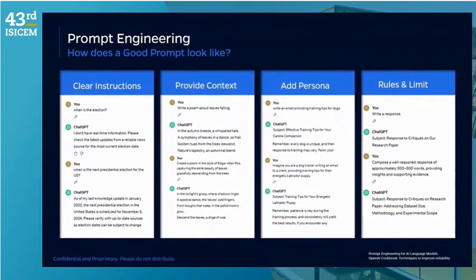Here is an example. Let's talk about four major techniques. First, clear instructions. If you just ask, when is the next election? No answer. If you say, when is the next US presidential election? Then you get an answer. Second, providing context: as you can see here, providing more context will steer you to a more specific answer. Third, if you add a persona, most of you now know, you need to say, think about you are a dog trainer, you are a doctor, you are a writer, and so on.